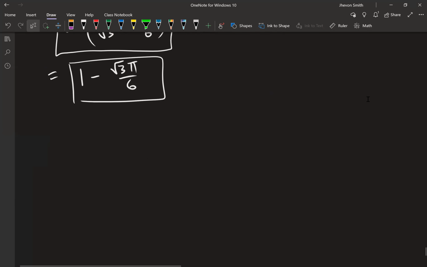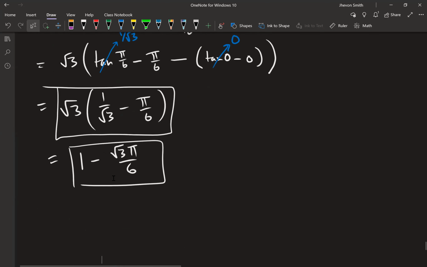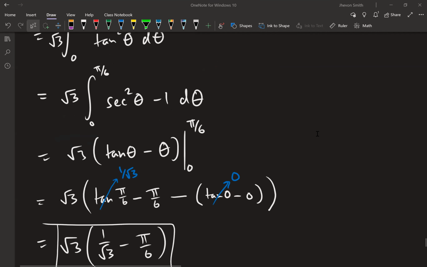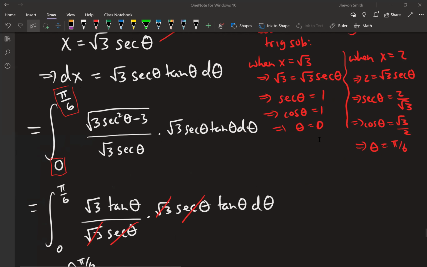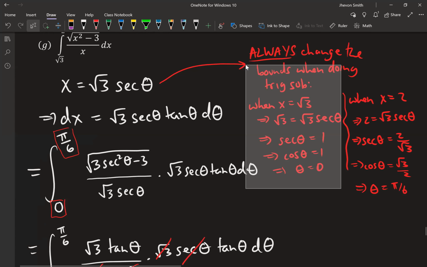Yeah, you have to change the bounds. I wouldn't say it's the same amount of work. I mean, with enough practice, this is almost automatic.